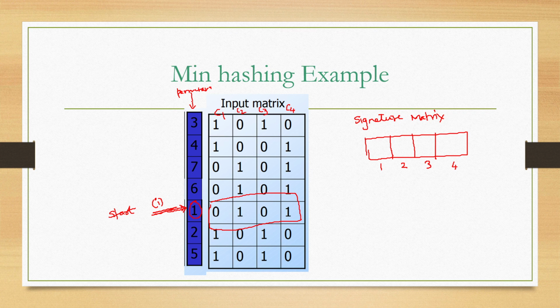This is a random permutation that is considered. Now, there is 1 present at columns C2 and C4. So at 2 and 4, we have to write this value, which is 1.